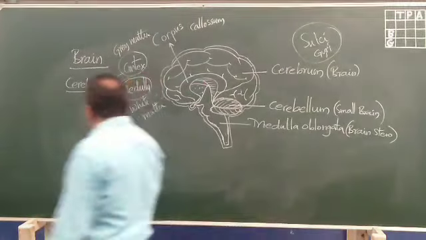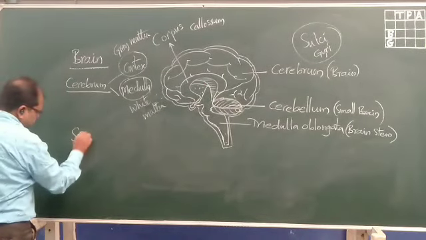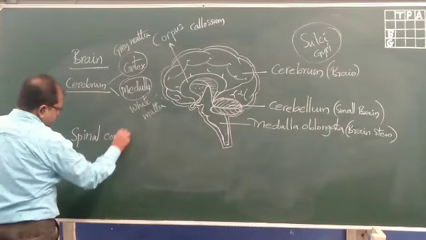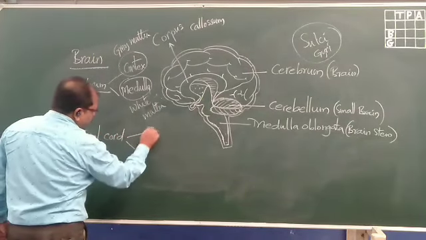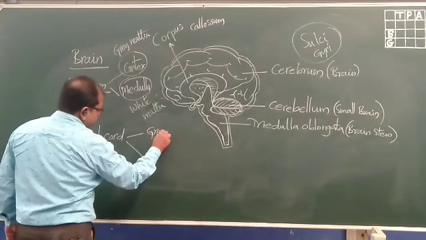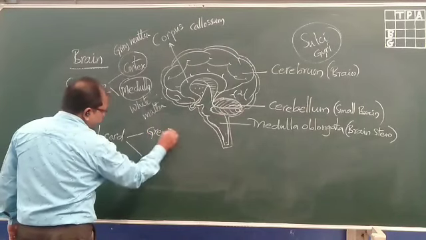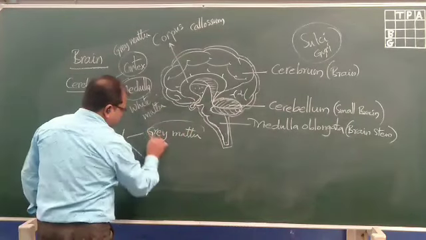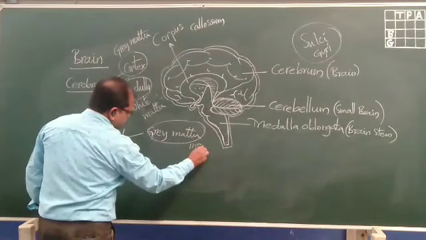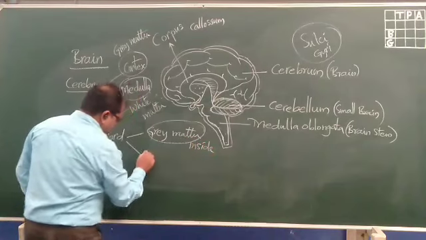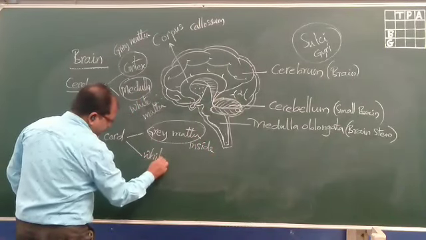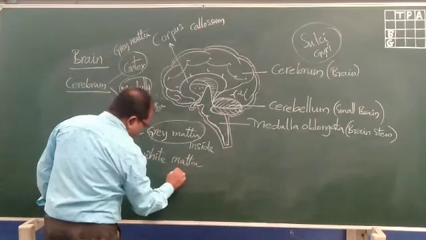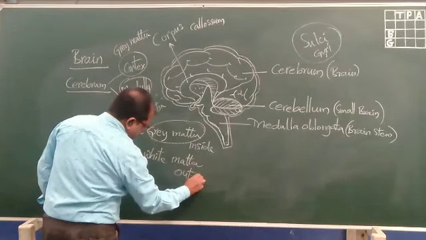Whereas in the spinal cord, gray matter is inside and white matter is outside.